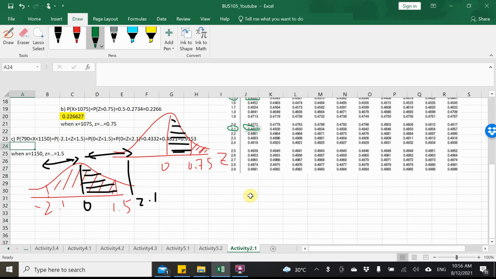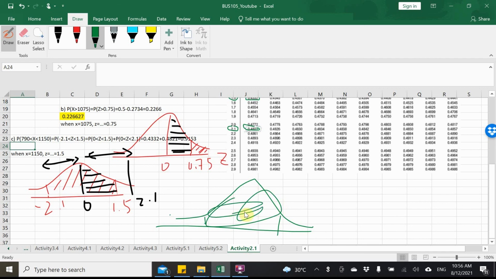So I draw it here. This is the area we want to calculate. So using the Excel function, we can take this left tail minus this left tail. Then we get the area afterwards, right? So that's the logic.